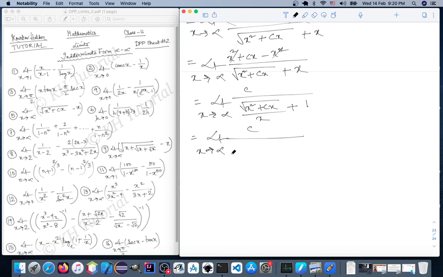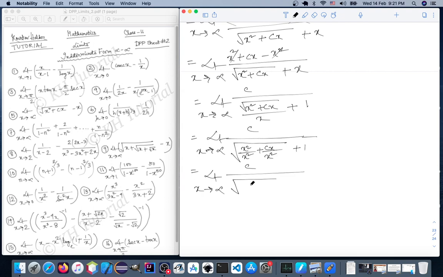So we will get x square by x square plus cx by x square, and we have here plus 1. This is limit x tends to infinity.